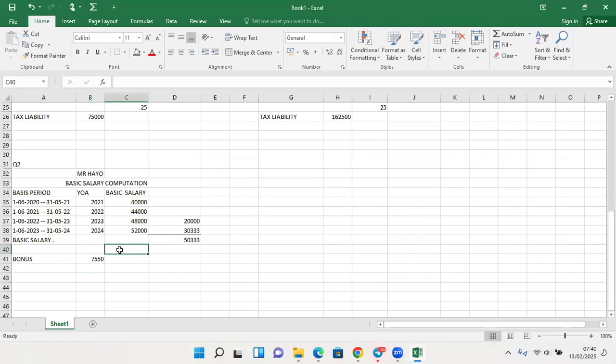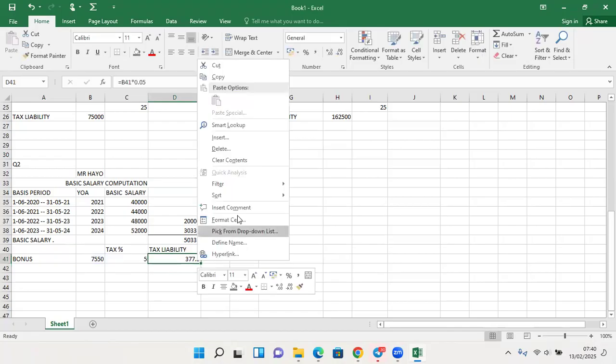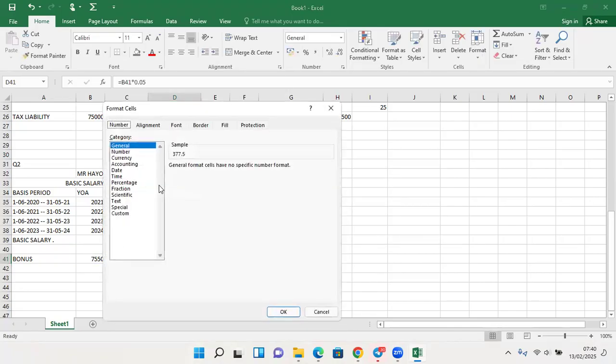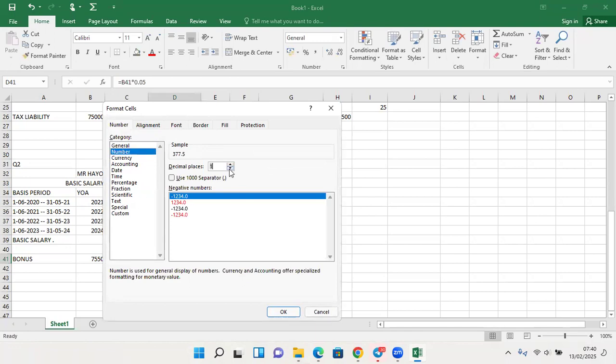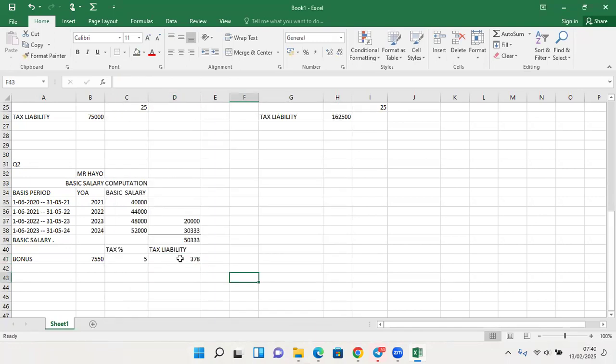And this will attract a tax rate of 5% final, right? So the tax liability would be equal to this times 0.05. So 3.378. That is the tax on bonus on the final.